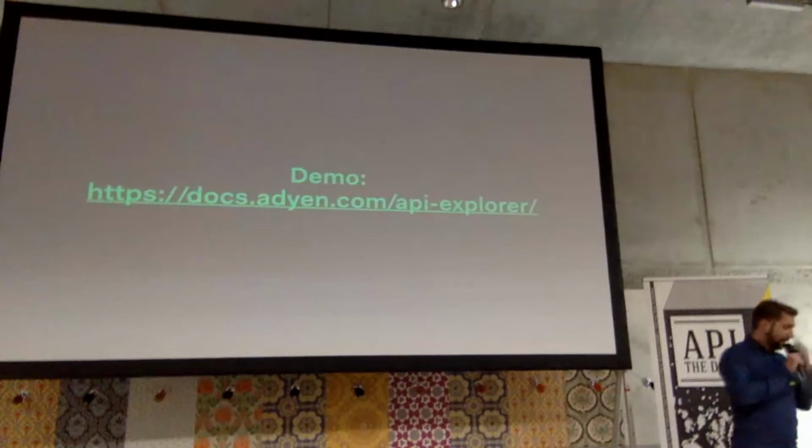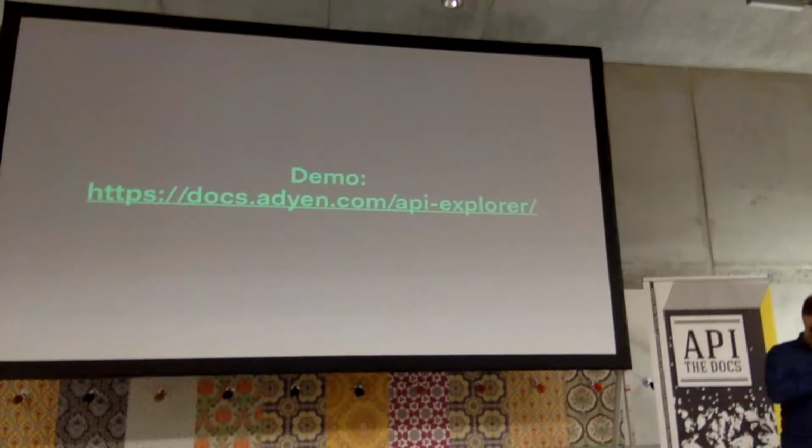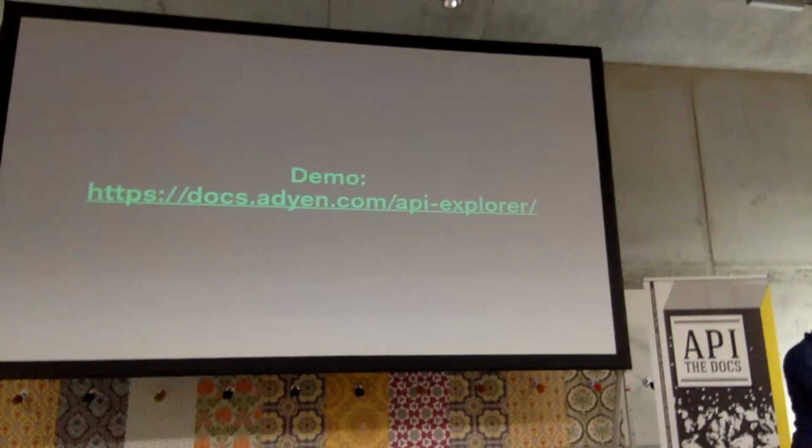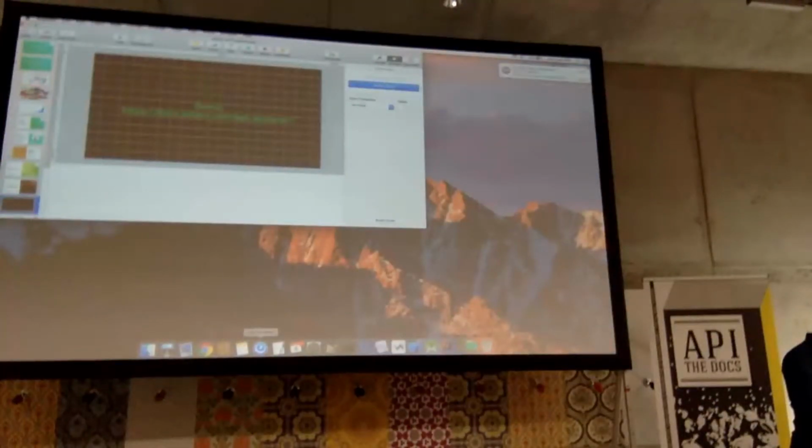So, now it's the step for the live demo. We just launched our API Explorer last Friday. And now we need to click this link. Now I'm clicking the link. Let's see it here. Okay.